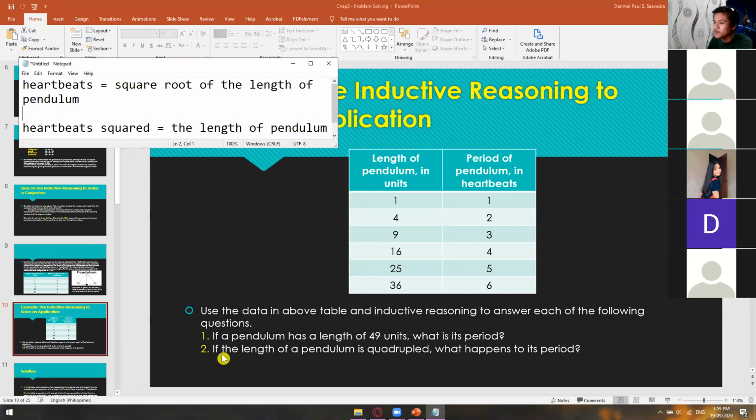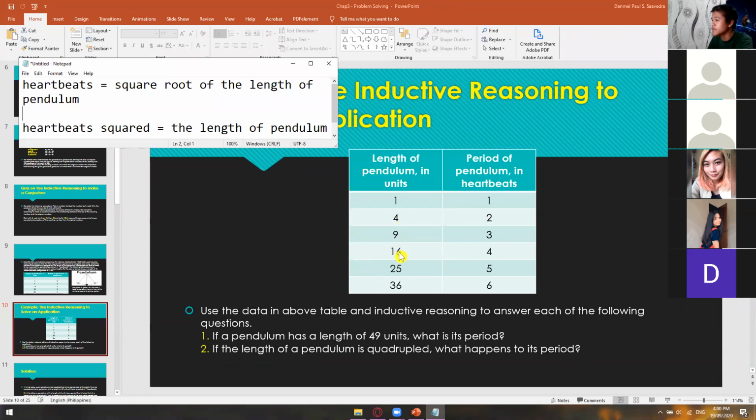Okay? So number 2, if the length of a pendulum is quadrupled, what happens to its period? Doubled po. Doubled. Okay. So from here, let's say quadrupled mo yung length, you'll get 4. And then from that example, or from those two, so from here, 1, and then dito naman is doubled lang. So quadrupled sa length, and then doubled naman sa period. Okay? So same with this one. Let's say 4 to 16.